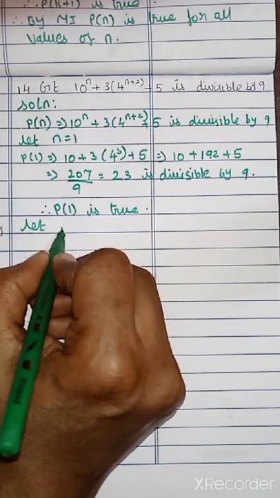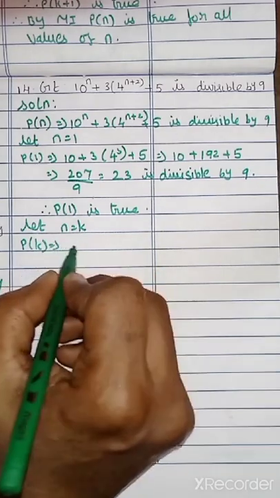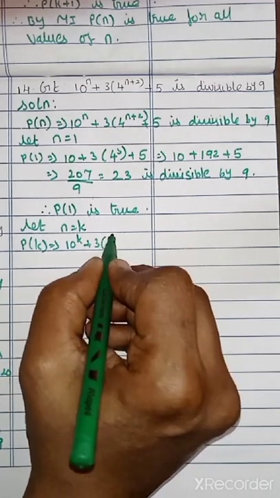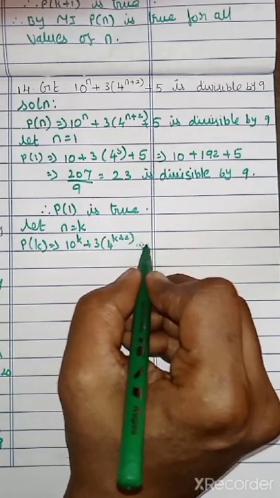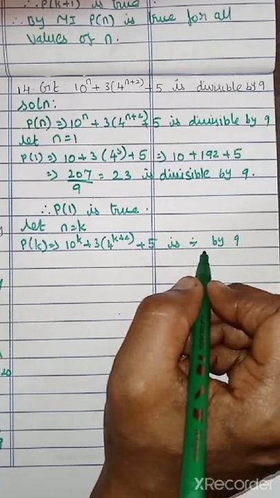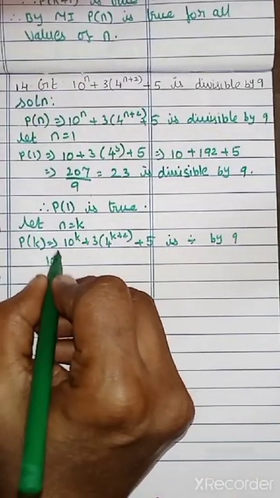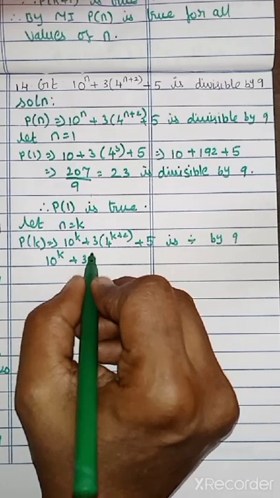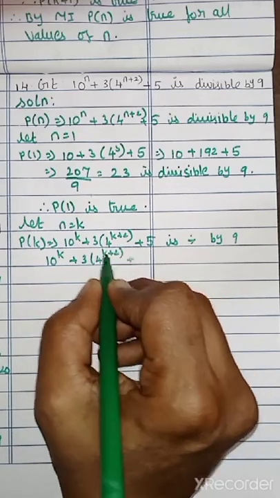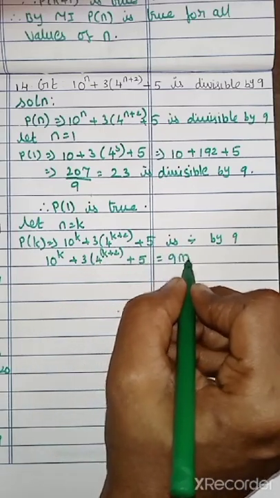Next, what we have to take, let n equal to k. So P of k implies 10 power k plus 3 into 4 power k plus 2 plus 5 is divisible by 9. Okay, so again we can write this as 10 power k plus 3 into 4 power k plus 2 plus 5 equal to 9 into m, where m is a scalar.